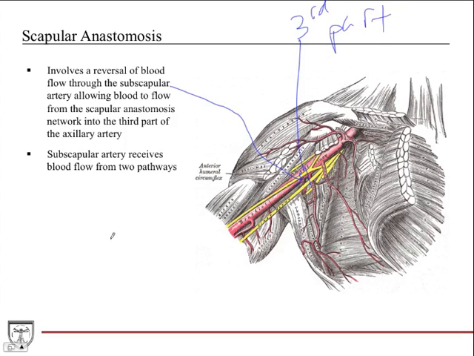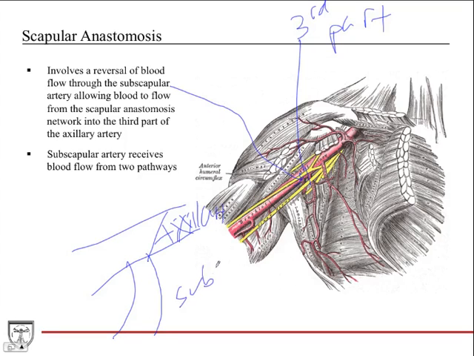If we draw a diagram here, this is your axillary artery, and here's your subscapular coming off here. Blood flow usually comes out of the axillary artery and goes down, and then it goes into the thoracodorsal and the circumflex scapular artery.